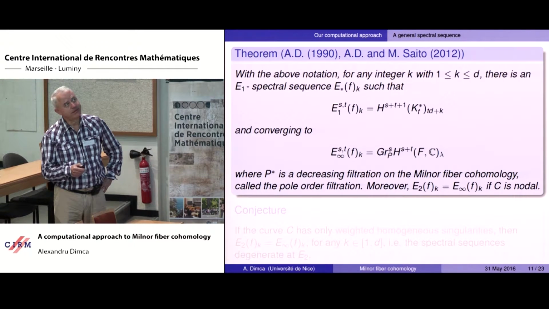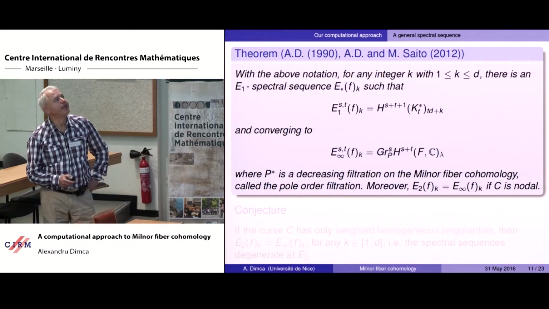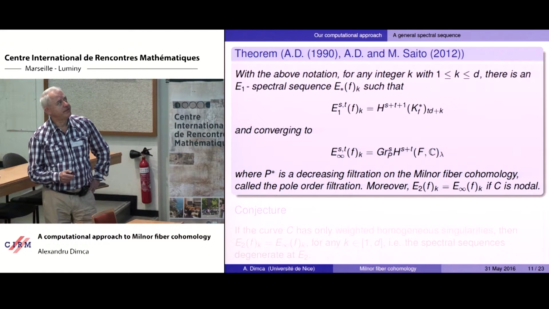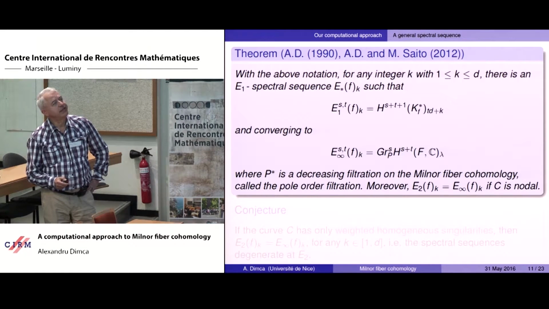So the Koszul complex is just an algebraic object. You take cohomology and you look at some homogeneous components. And the limit is exactly what we wanted in some sense, the eigenvalues of the monodromy on the Milnor fibers. But the graded pieces with respect to some decreasing filtration on the Milnor fiber cohomology, and this is called the polar filtration. And moreover, this spectral sequence degenerates at E2 when the curve is nodal.